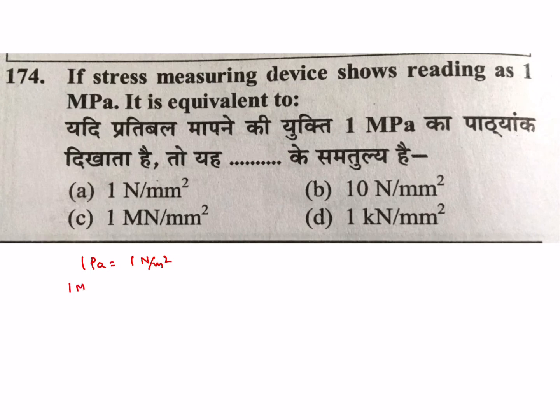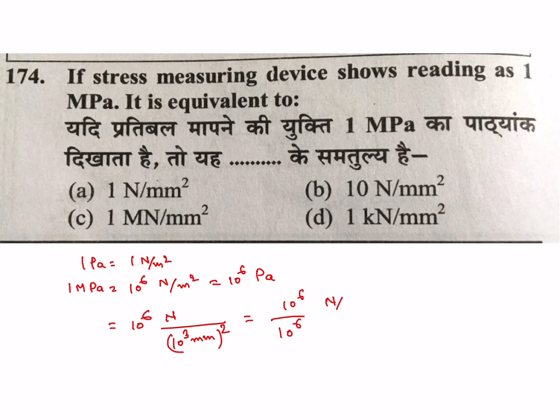Then 1 megapascal is 10 to the power 6 Newton per meter square, or 10 to the power 6 Pascal. 10 to the power 6 Newton per 1 meter, which is 10 to the power 3 mm, its square, how much you will get? 10 to the power 6 divided by 10 to the power 6, so 1 Newton per mm square.